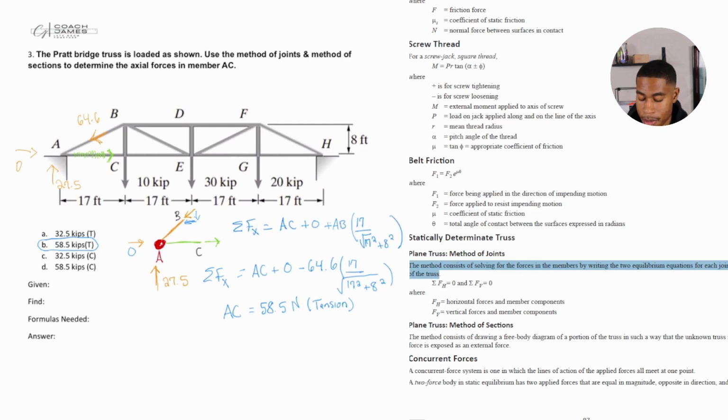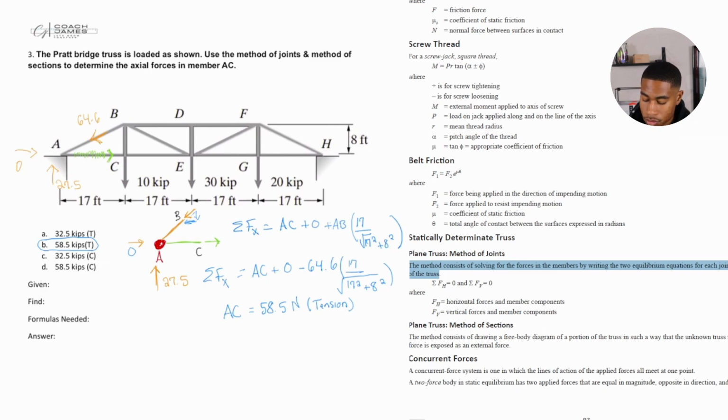I normally always draw my members out in tension, but in this case, since I had already solved AB and knew it was in compression, I drew it the correct way, but I still needed to leave my signage as negative once I plugged in my value, because everything is typically drawn as being in tension. That's just how I typically draw things.